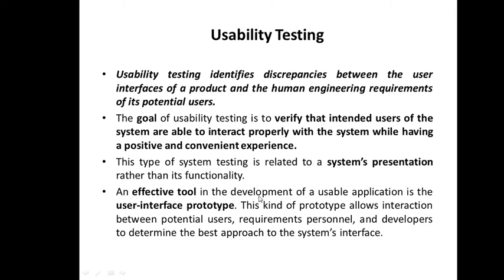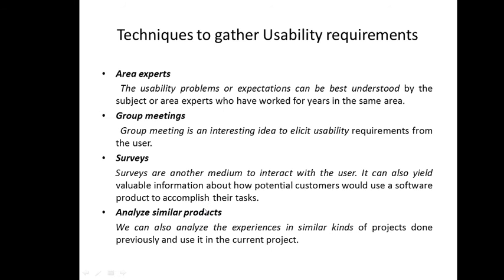An effective tool in the development of a usable application is the user interface prototype. This kind of prototype allows interaction between potential users, requirement personnel, and developers to determine the best approach to the system's interface. So simply, it is a prototyping tool for the interface.